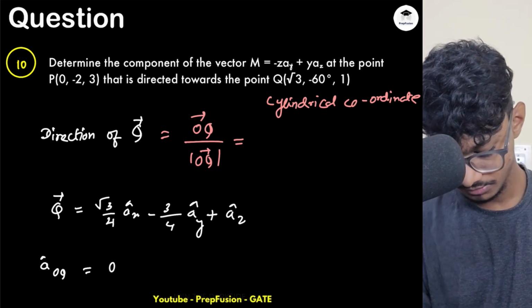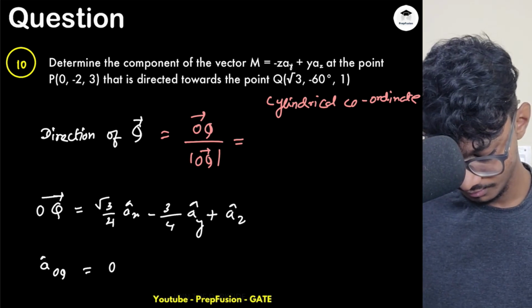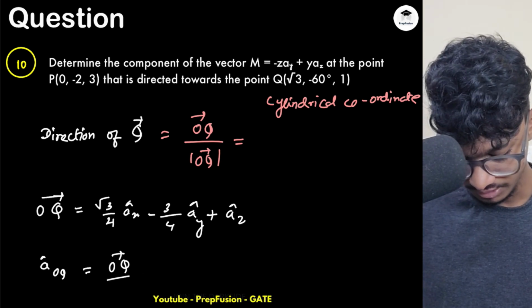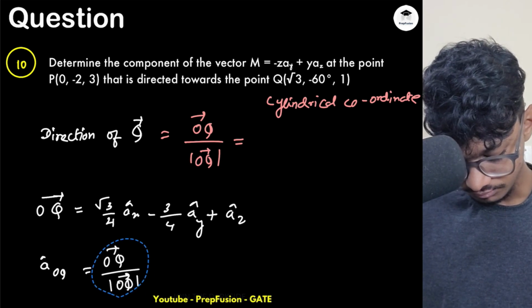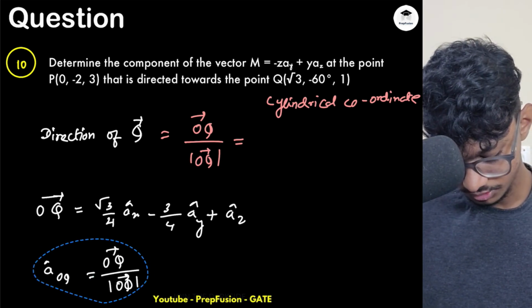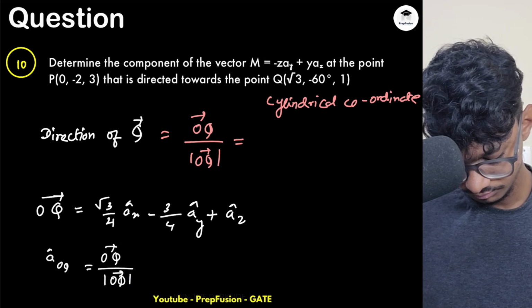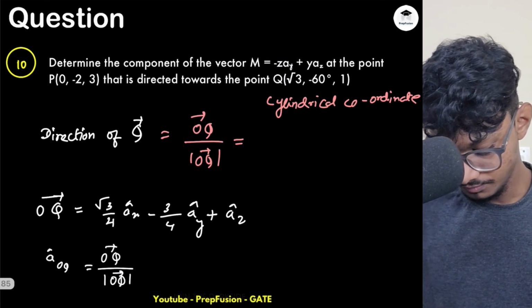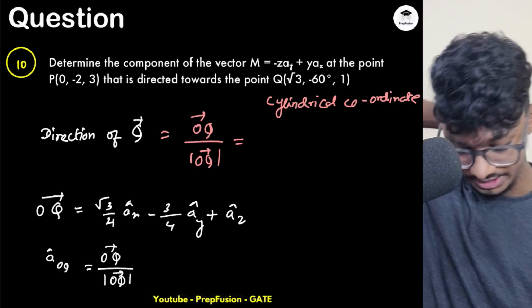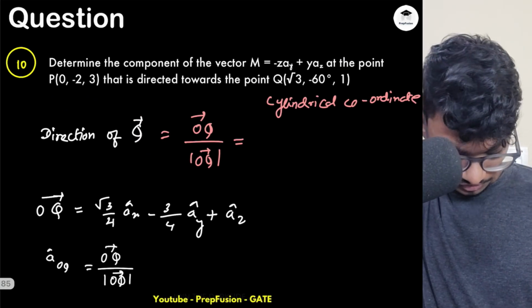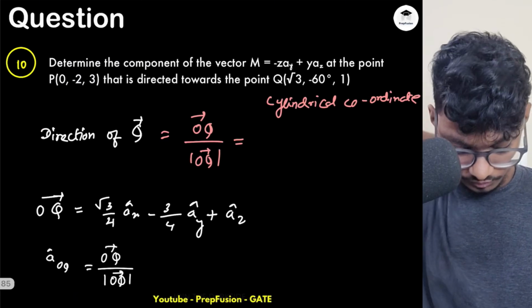This is actually my OQ vector. The unit vector will be the OQ vector divided by the magnitude of the OQ vector. Now what do we do next? We have to do this.